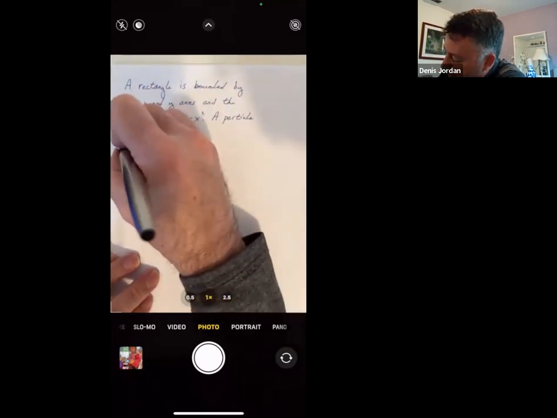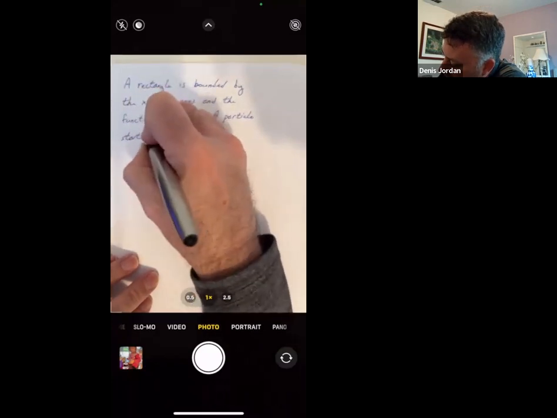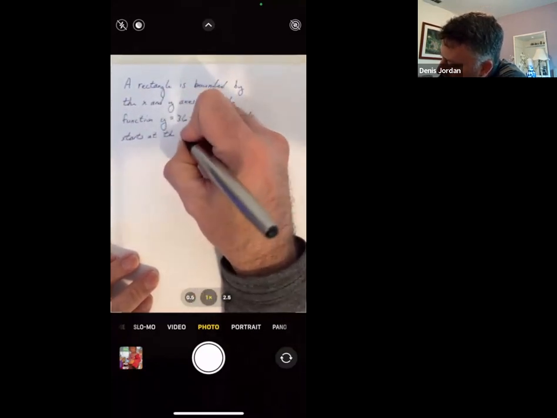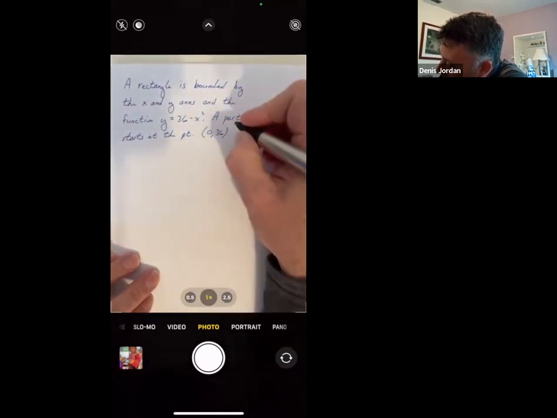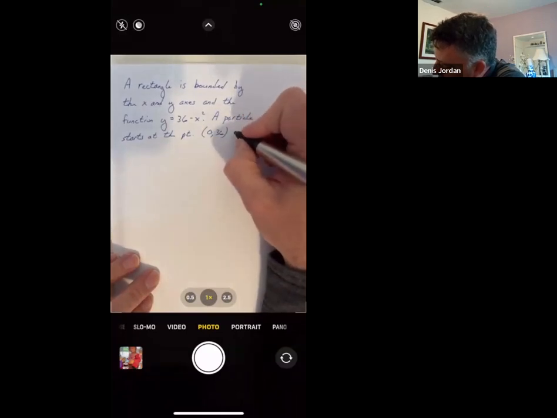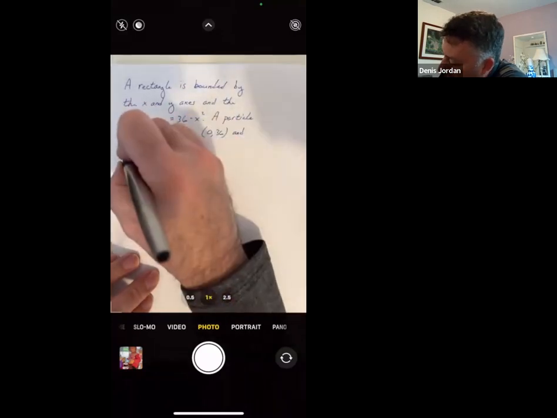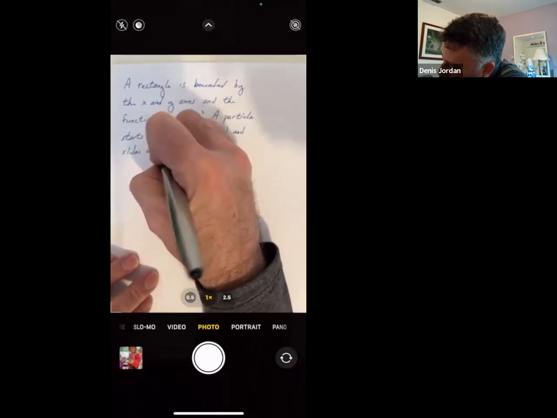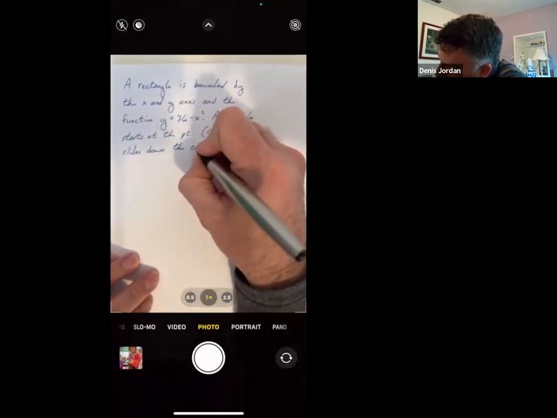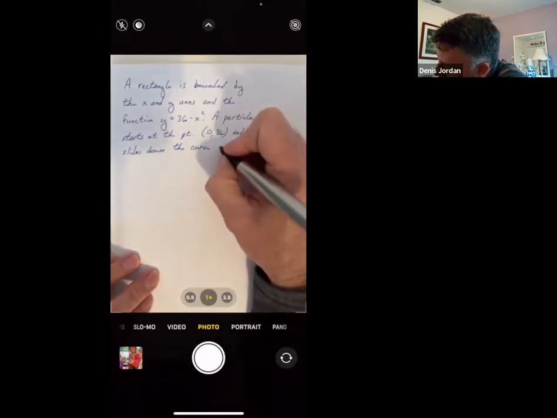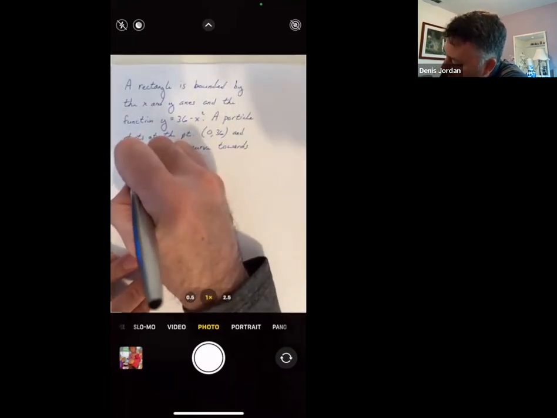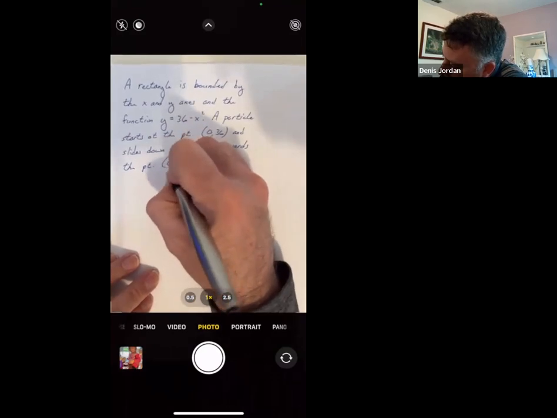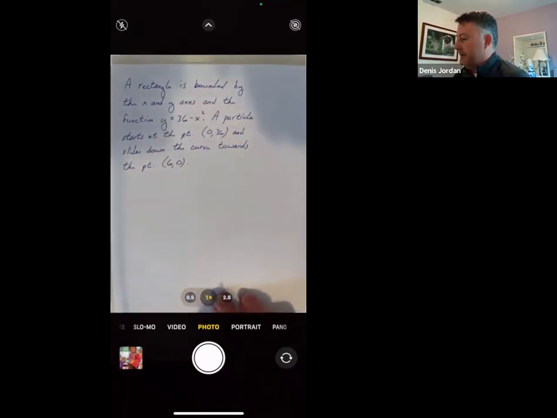So a particle starts at the point 0, 36, and slides down the curve towards the point 6, 0.